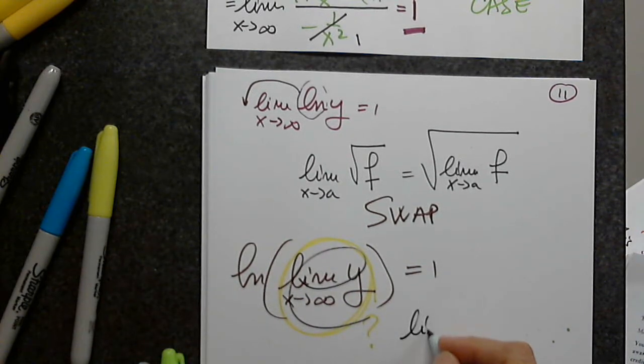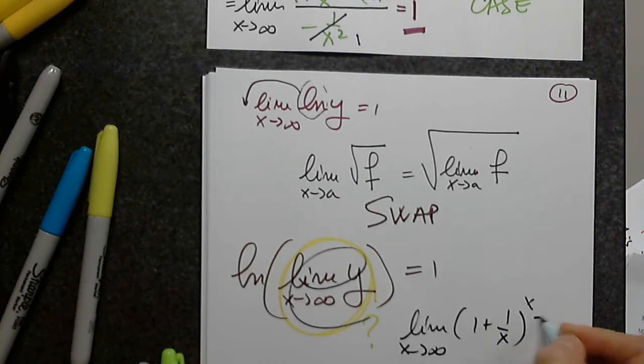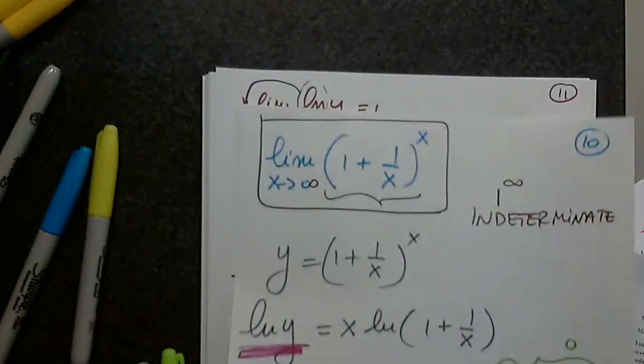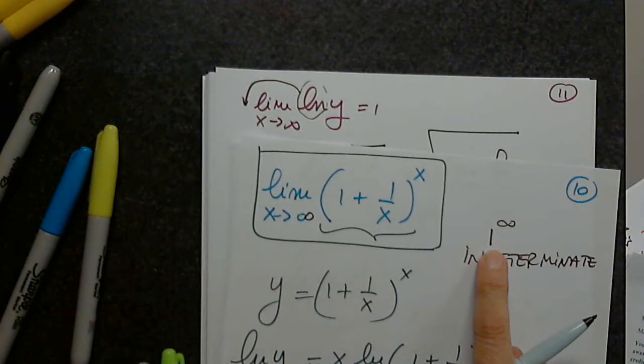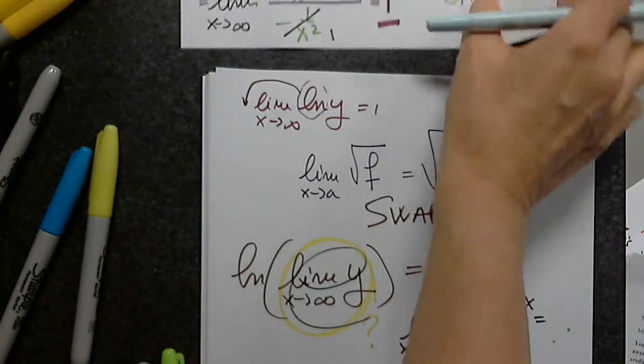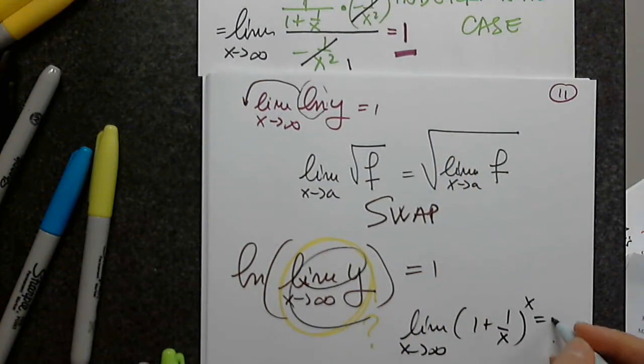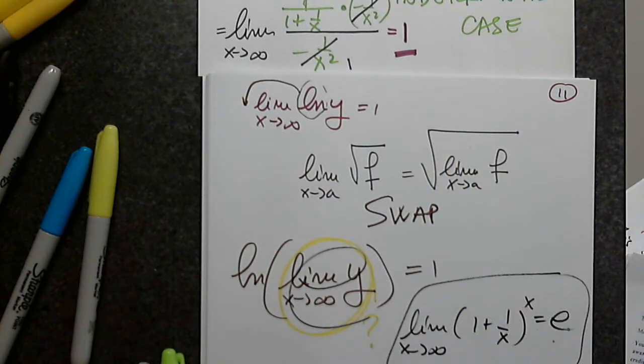So therefore the limit as x approaches infinity of 1 plus 1 over x raised to x is not 1, but how much? It is e.